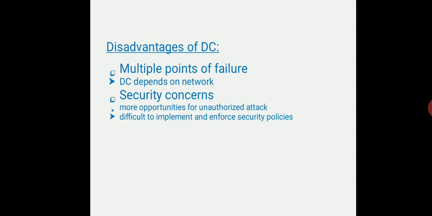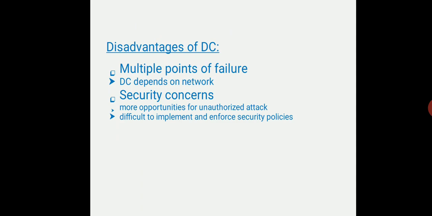The entire communication will collapse. There will be no communication at all. Multiple points of failure, because all the systems rely on the network connection. If any trouble happens, or if the network connection fails, it will result in an entire collapse of network communication. There will be no communication. That is the multiple points of failure.